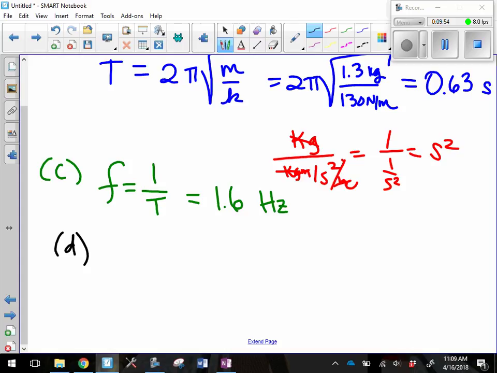And here's part D that I really thought was part B, which is to find the amplitude. What's the amplitude going to be? What is amplitude?